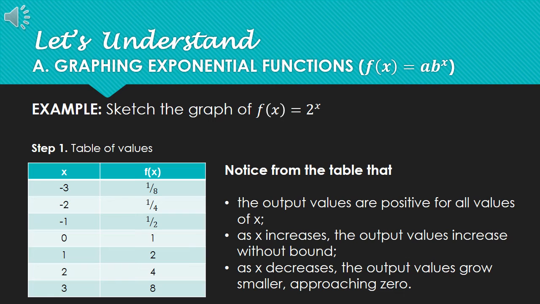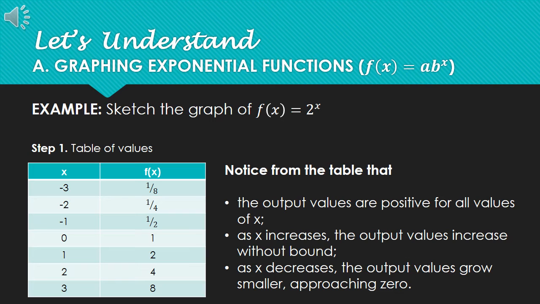So now we proceed to step 1, which is filling out the table of values. So we have two columns here, x and f of x. So for x, the values are starting from -3 to 3. Then we just have to substitute it on our exponential function to arrive with the values of f of x.